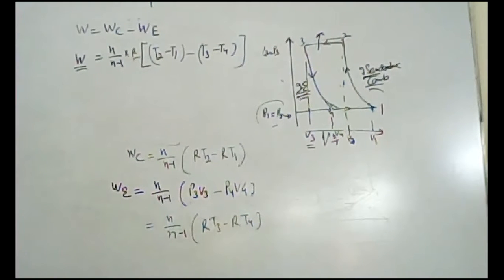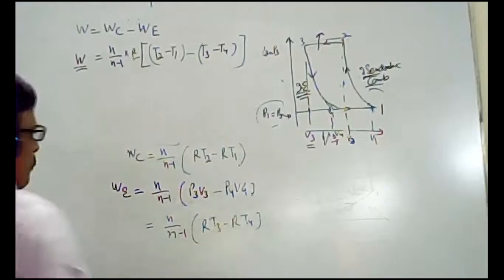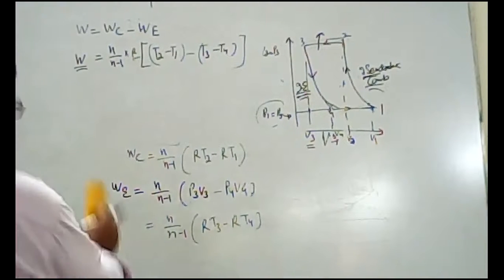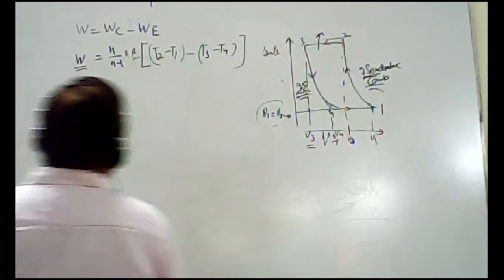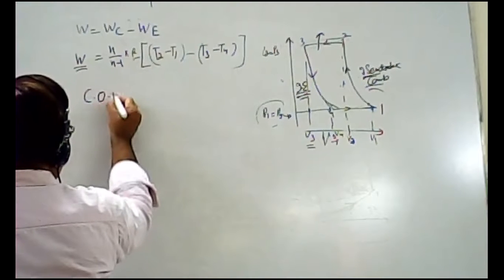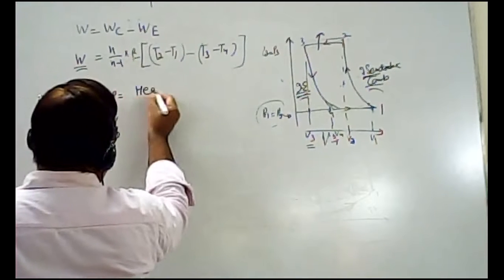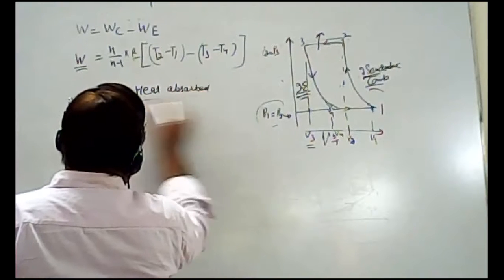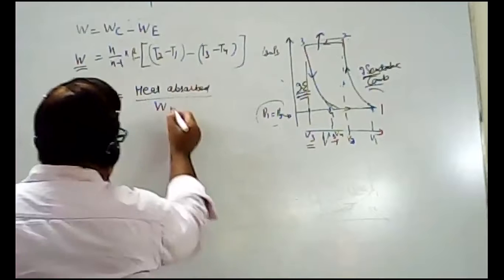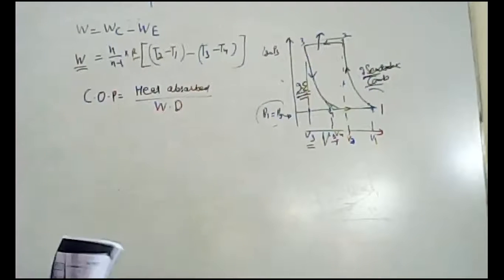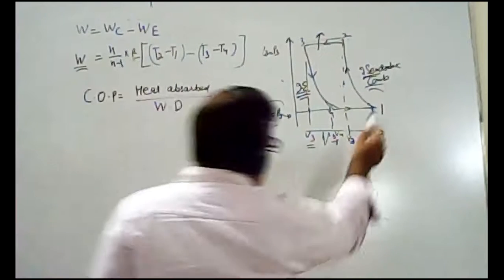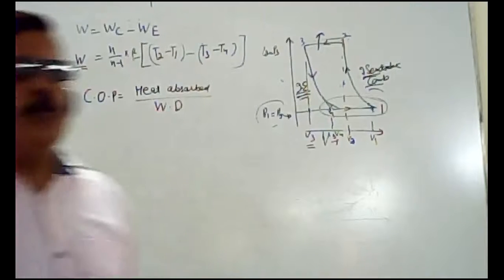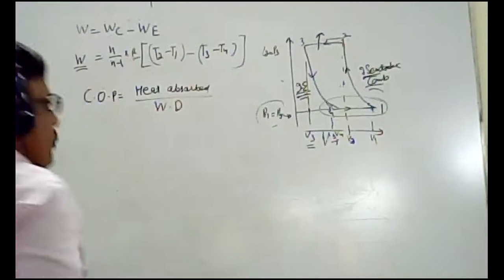Okay, next, what will be the COP? So how to write the COP? COP is heat absorbed divided by the work done. So COP will be equal to how much heat is absorbed during the refrigeration effect divided by the total work done. Look here, the heat is absorbed during process 4 to 1, at constant pressure.